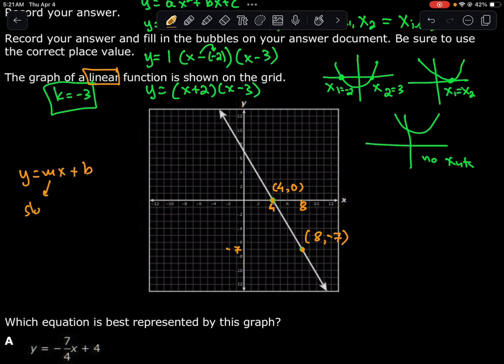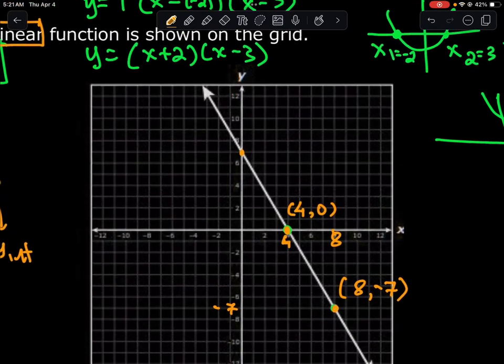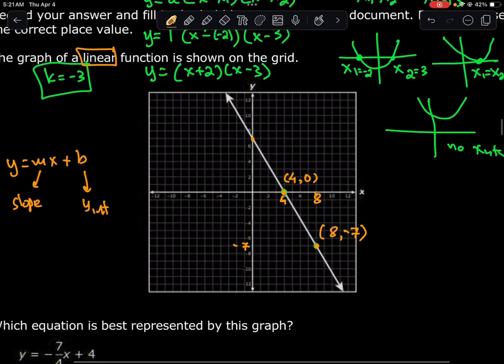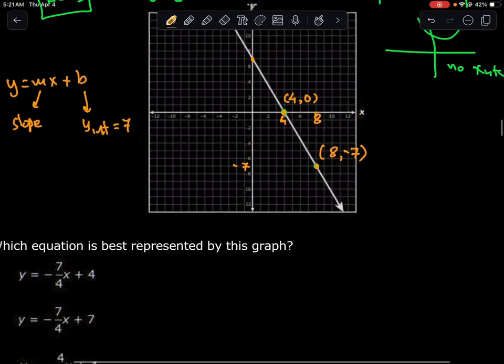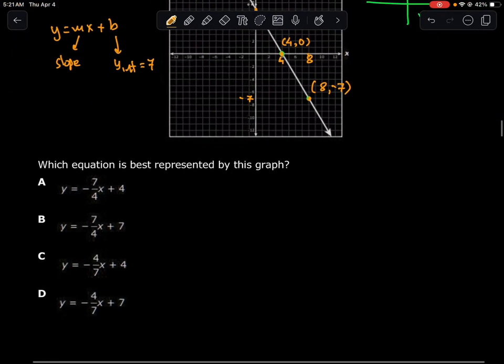M is the slope, b is the y-intercept. Here I see that the y-intercept goes by 1 here, so 1, 2, 4, 6, 7. So the y-intercept is 7. I can eliminate those that don't have 7 as the y-intercept. So A has to go, C has to go. It's either B or D.